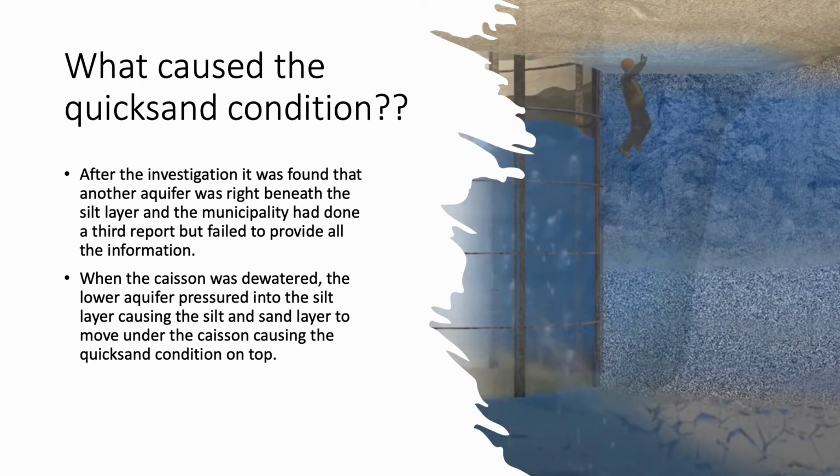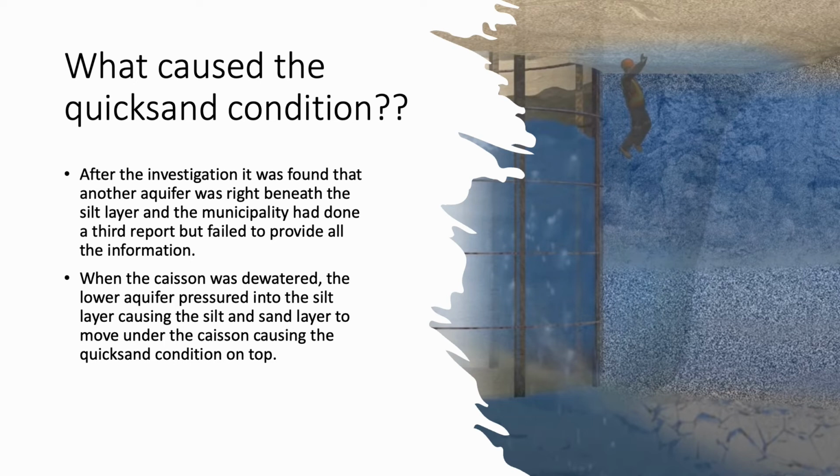So what caused that quicksand condition? After the investigation, it was found that another aquifer was right beneath that silt layer, and the municipality had done a third report but failed to provide the information to the contractor.